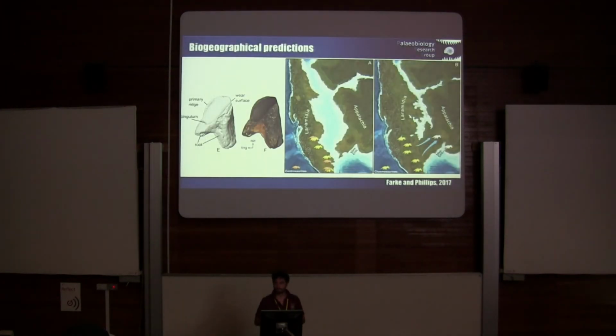And to show you some sort of additional prediction that I just recently added to this study that I'm writing on, last week or two weeks ago, Andrew Farke published the first ceratopsid evidence from Appalachia. As I mentioned before, it's an area which doesn't show really an abundant fossil record like it does at Laramidia. So he also theorized that this dispersal event must have happened at some time between the Campanian and the Maastrichtian.